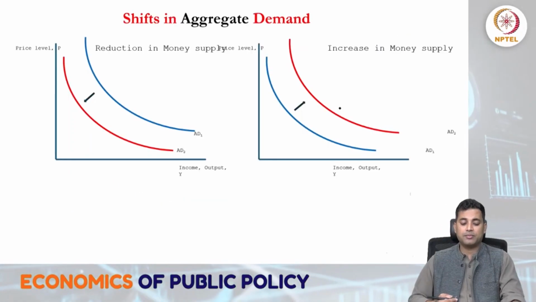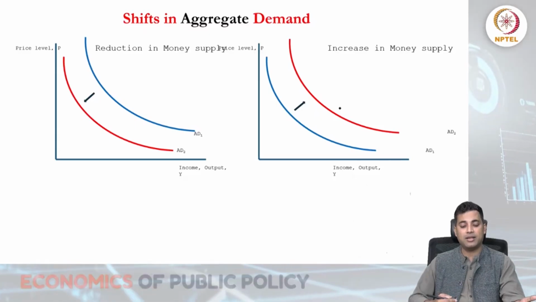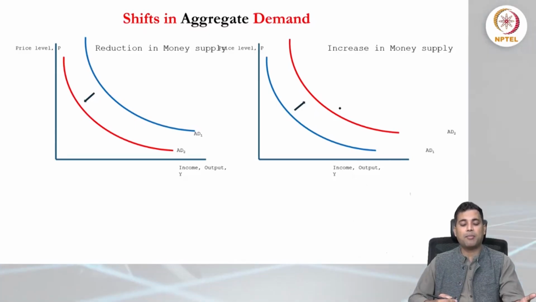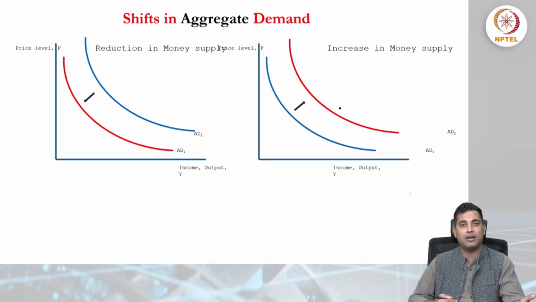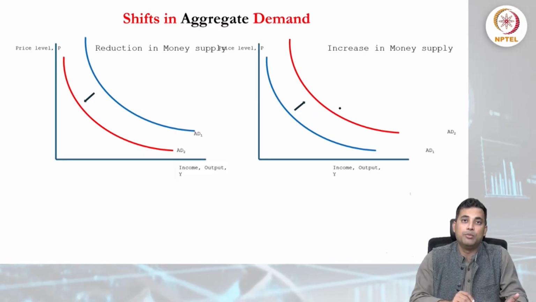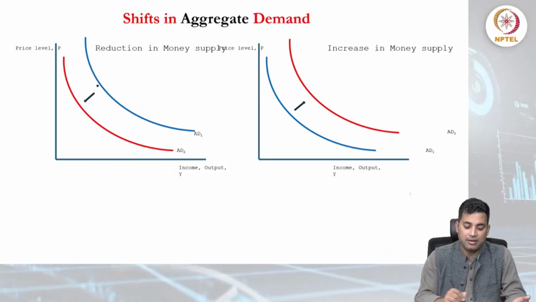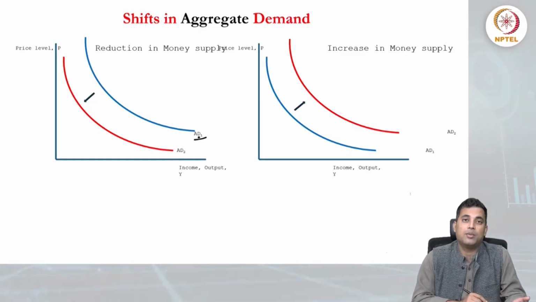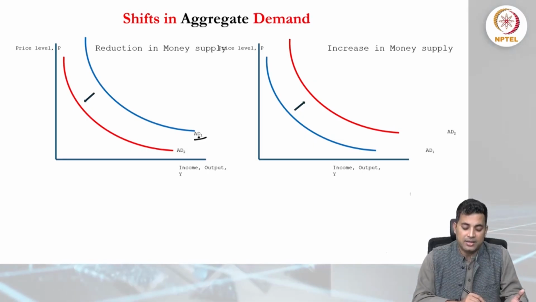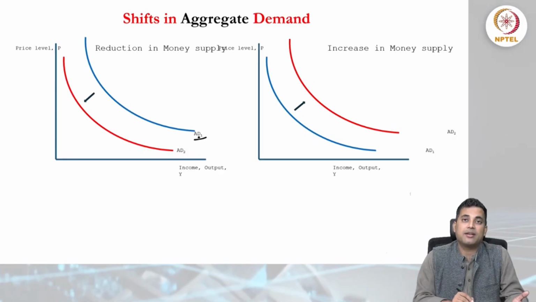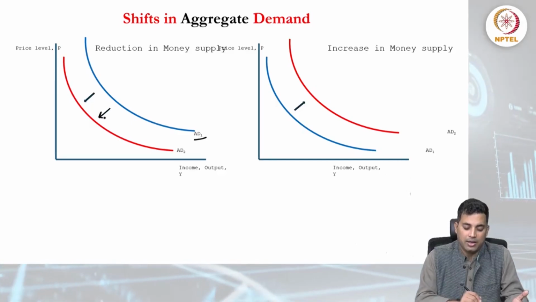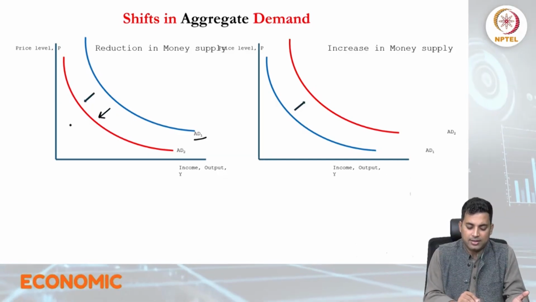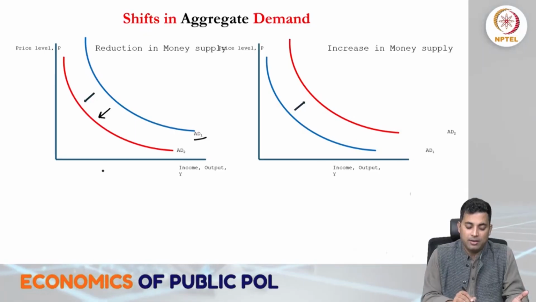Now consider a shift in aggregate demand. If the money supply reduces, then due to the reduction in money supply, the aggregate demand curve will shift downward: AD1 was the first level of aggregate demand, and after the reduction in money, the curve shifts downward. Therefore output also will be reduced.